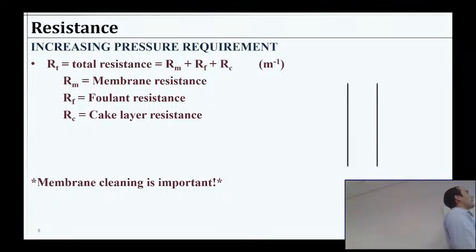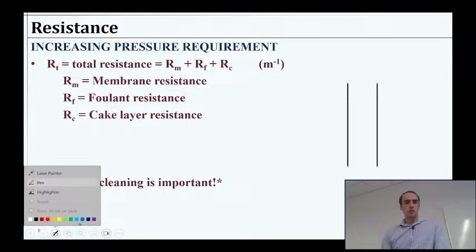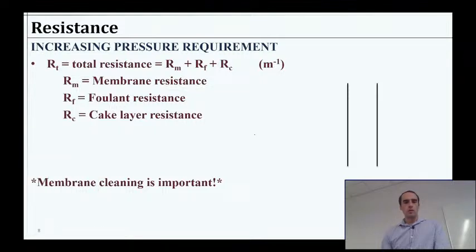I already mentioned this cake layer resistance. So if we have a membrane, I'm just going to draw one of these membranes where we have small pores at the top, or on the right rather, and larger channels.